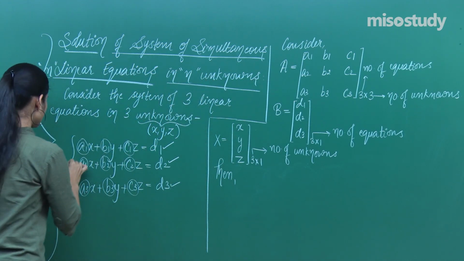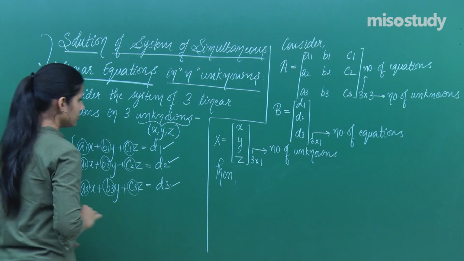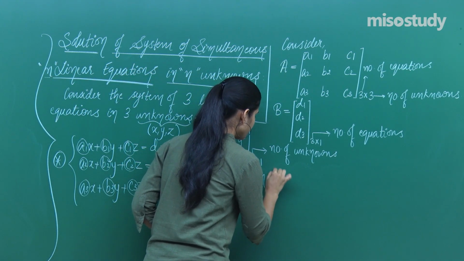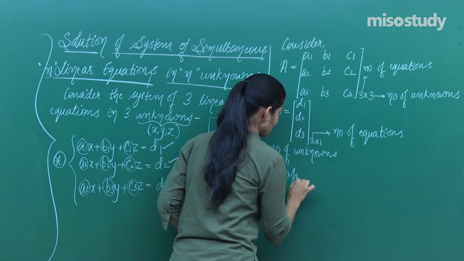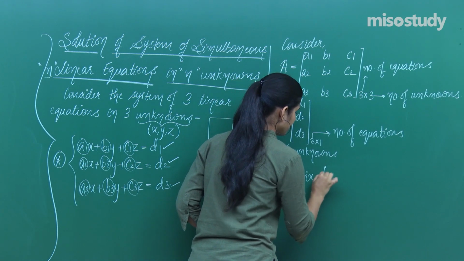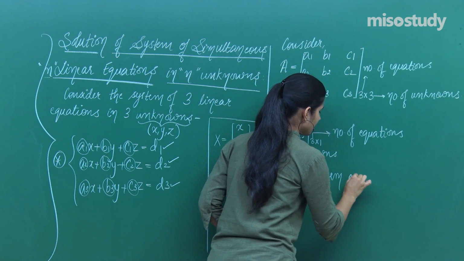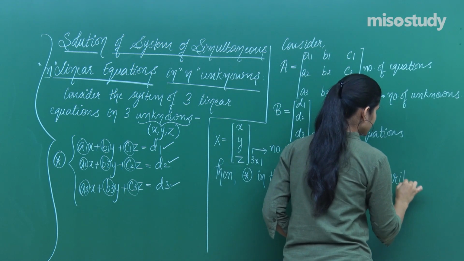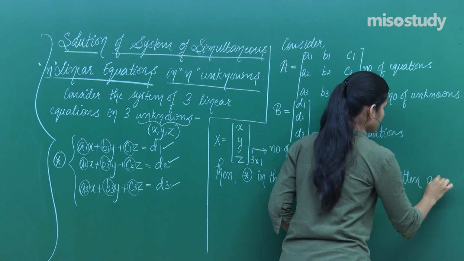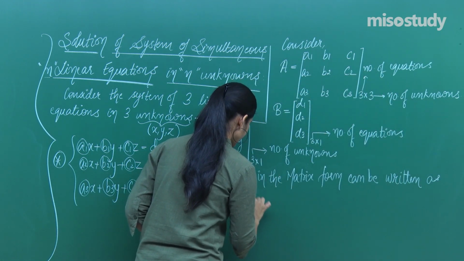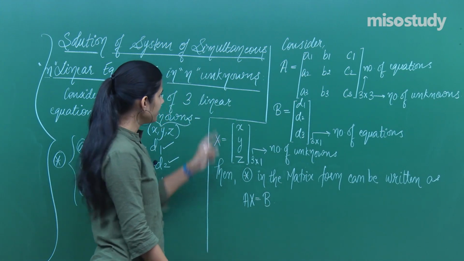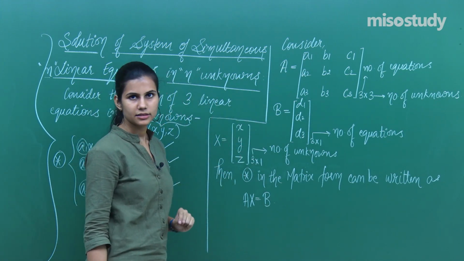if I say this system is star, in the matrix form, can be written as Ax equals b, where A is this, B is this, X is this.